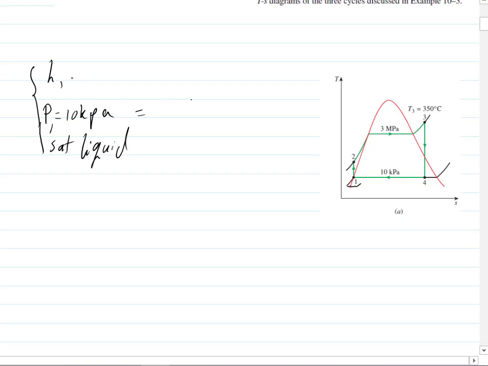Okay, now with this information, let me just write this. We need to know how much is the H1 and how much is the specific volume as well.